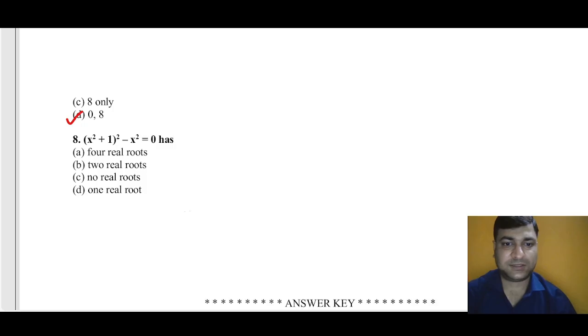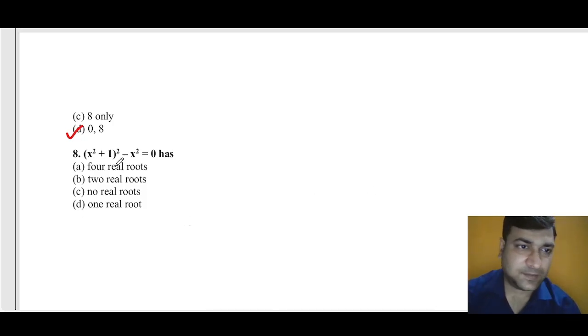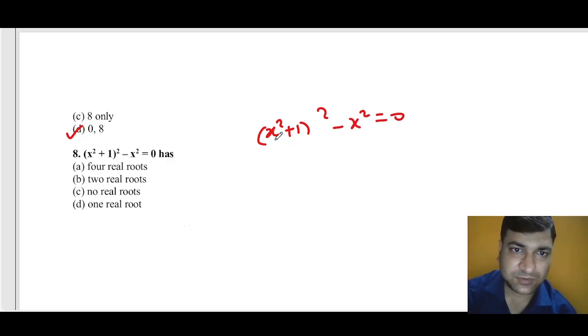And the last question is, x square plus 1, the whole square minus x square has how many roots? So we can solve x square plus 1 whole square minus x square equal to 0. So that is a plus b whole square, x square square plus 1 plus 2 into x square into 1 minus x square equal to 0.